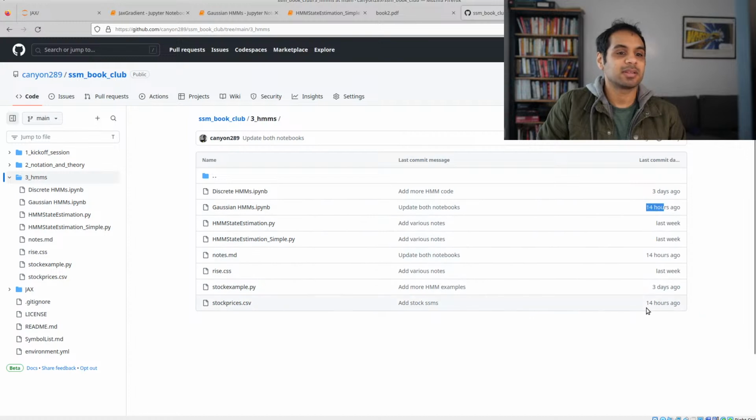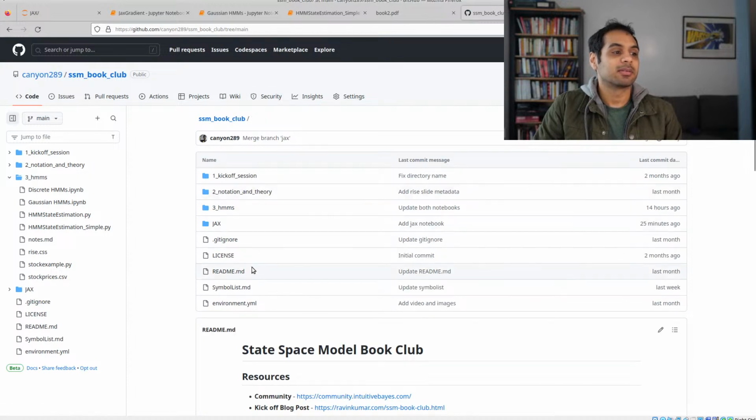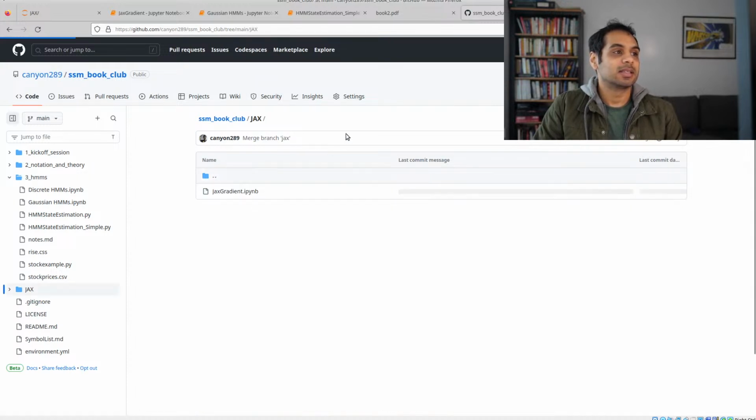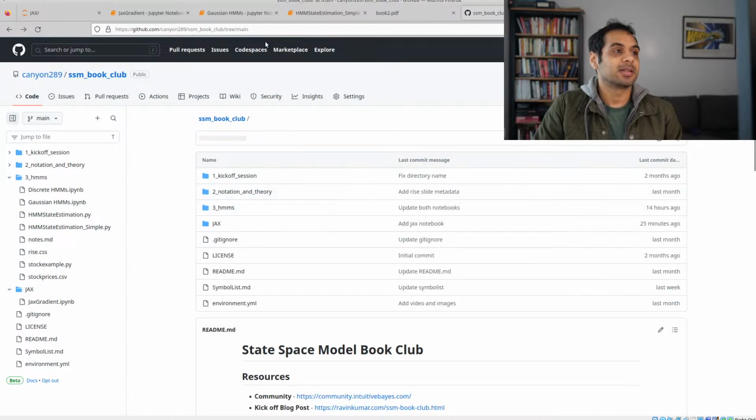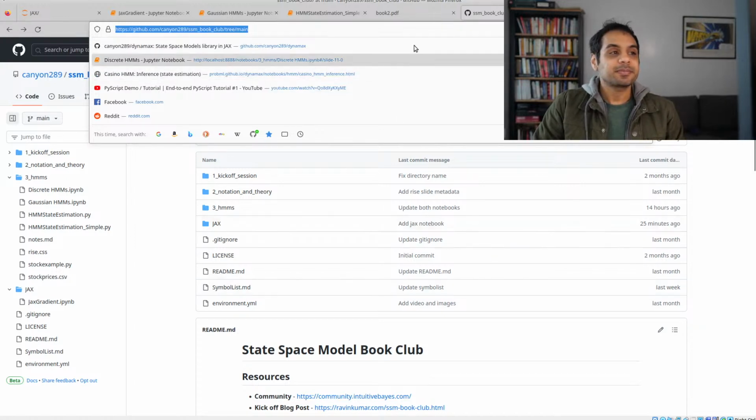Gaussian hidden Markov models. There's a stock price CSV, and then I updated the notes a little bit. I'm going to be going through this, and then I also will be going through the Jax notebook here as well. So I'll throw that in the chat for folks to look at.